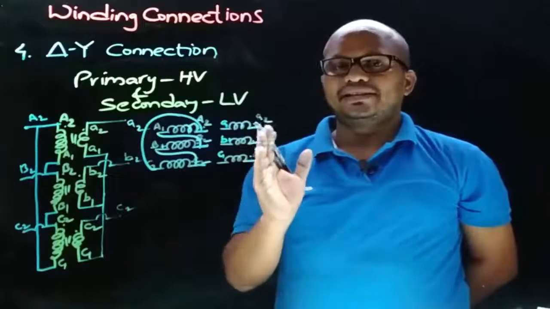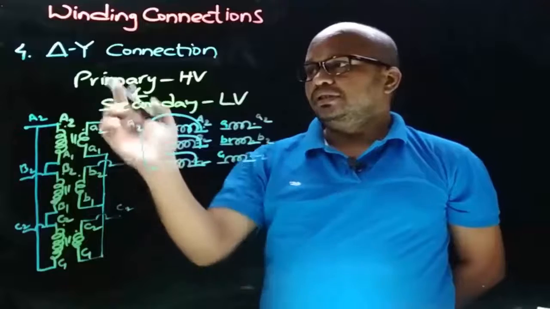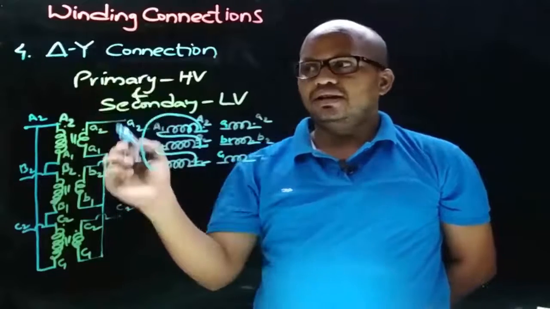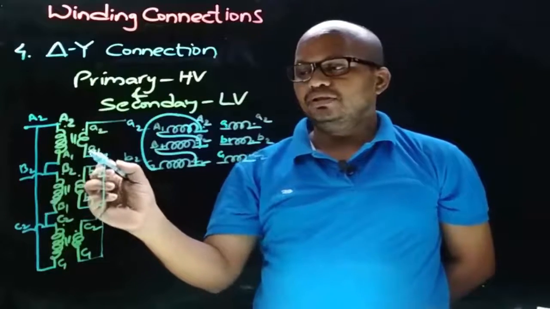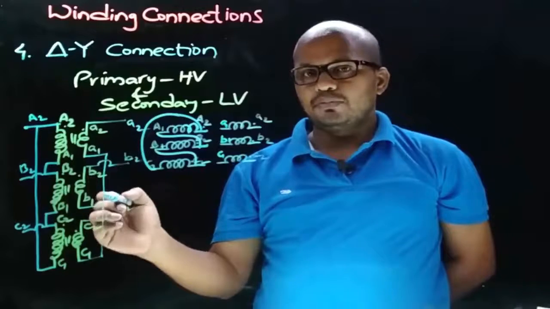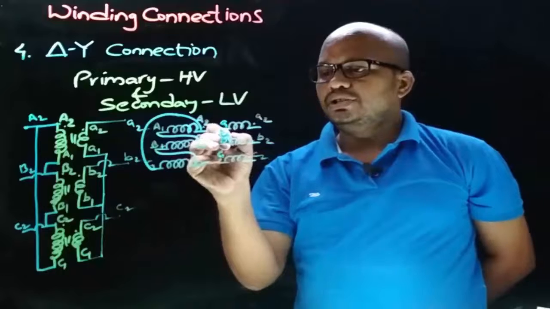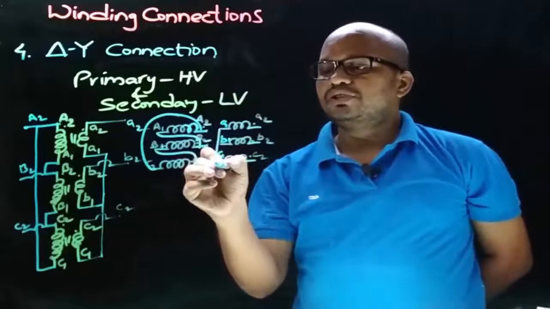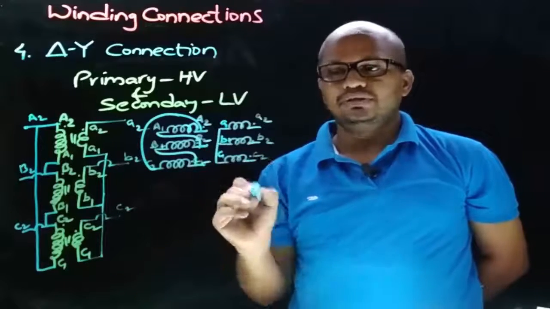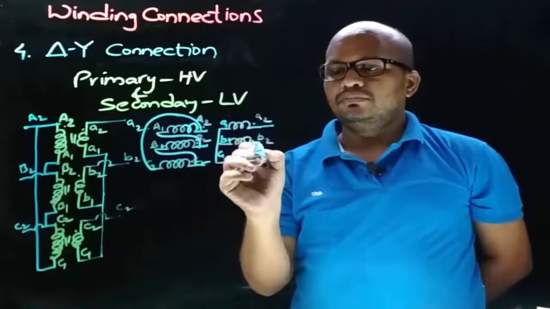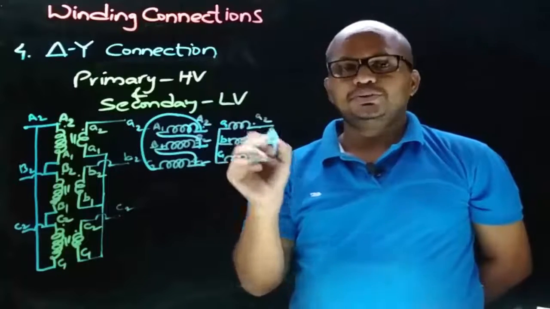And now coming to the secondary side, that is LV winding. It is star connected, and this star connection is obtained by joining the non-dot end terminals to a common point and taking the connections from dot end terminals. So let's join the non-dot end terminals small a1, small b1 and small c1 together and take the connections from dot end terminals small a2, small b2 and small c2.